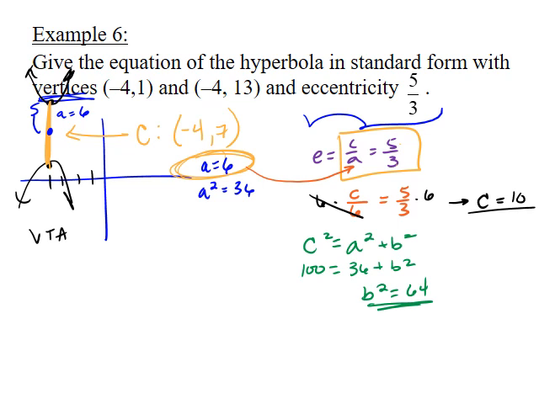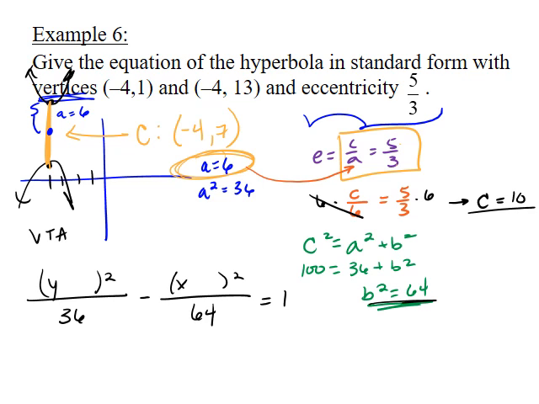There's no need to take the square root of this because I'm writing an equation. Because I have a vertical transverse axis, I know that y is first. It's divided by A squared, which is 36. B squared we just found to be 64.